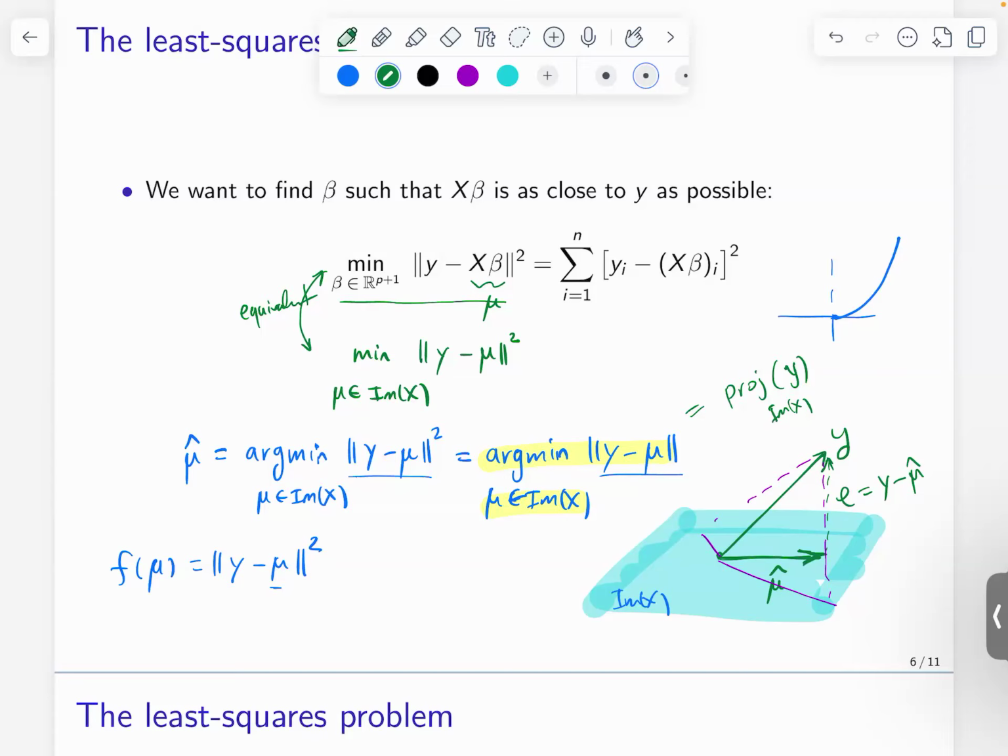So mu hat is the projection if and only if the error, y minus mu hat, is orthogonal, perpendicular, to the subspace. This is going to be the defining characterization that allows me to figure out what mu hat is. Geometrically, it should be clear, as we have seen before.